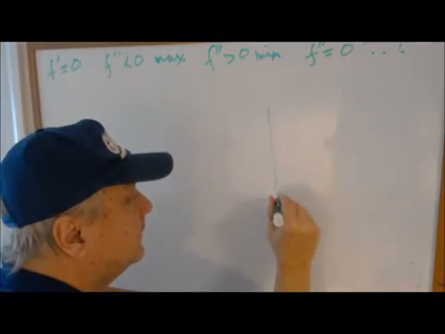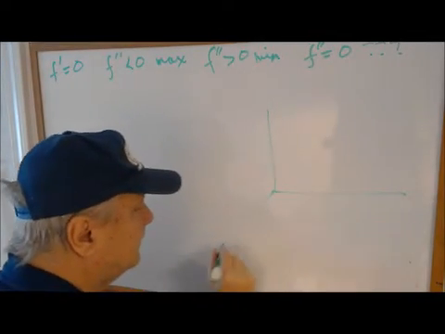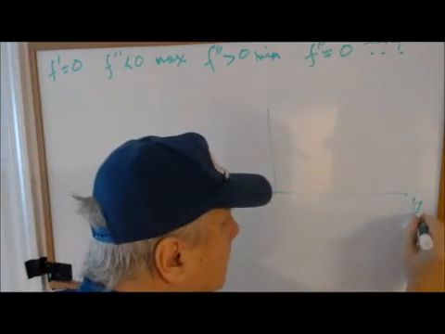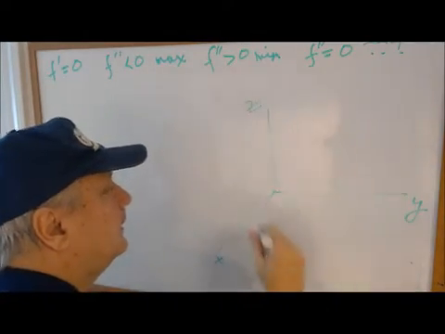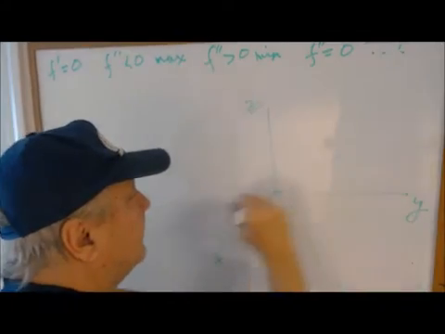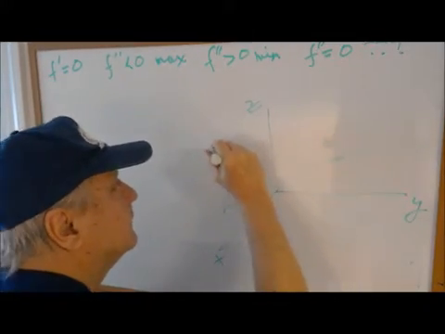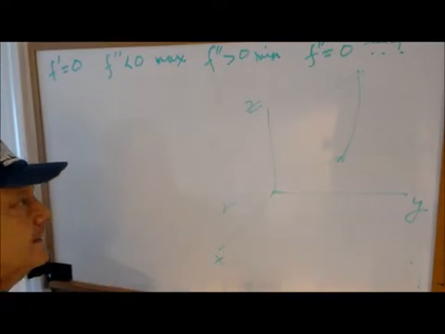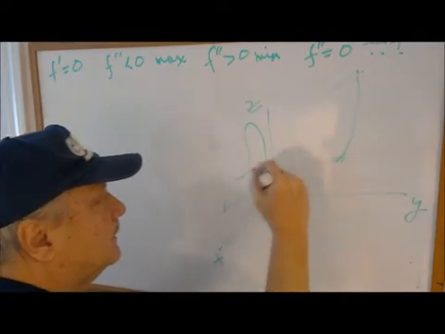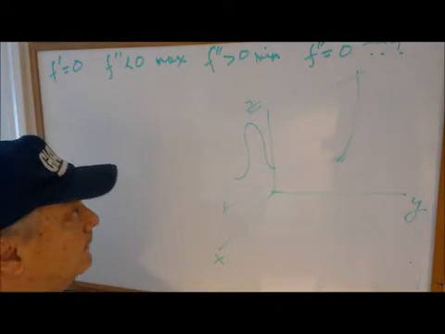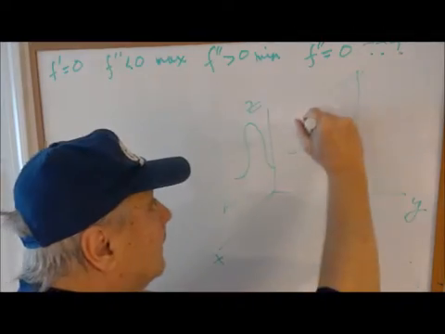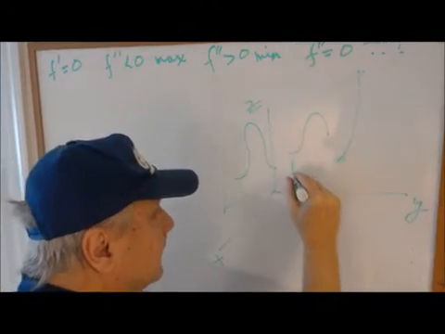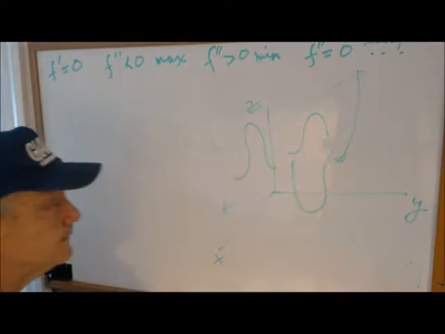Here the picture is a bit more complicated. So we have, say, a surface, and this surface has mountains, let's call it, and say upside down mountains.